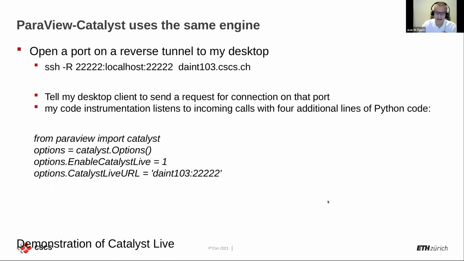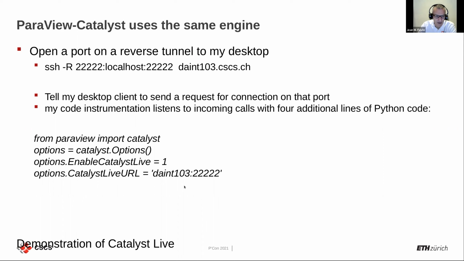So ParaView-Catalyst will use exactly the same engine. I will open a port from my desktop here at home to the supercomputer at CSCS. Piz Daint is the name of my login node. I open a reverse terminal to my desktop.